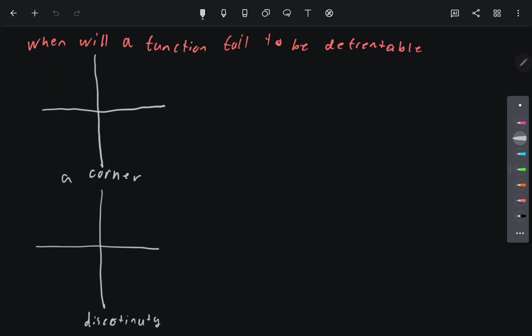Well, let's start out with a corner. The best example of a corner point is the absolute value of x. If we wanted to evaluate this function's derivative, I'm going to make this an actual defined function, so we're going to call that 2. So this function is really just y equals the absolute value of x minus 2. If I want to take the derivative of that, we're going to call this a piecewise function.